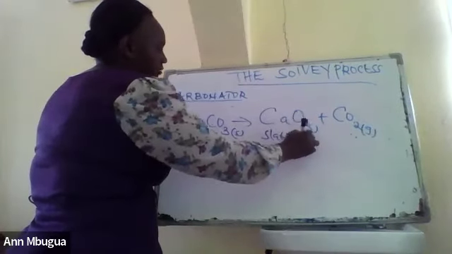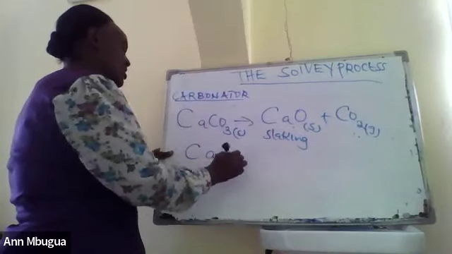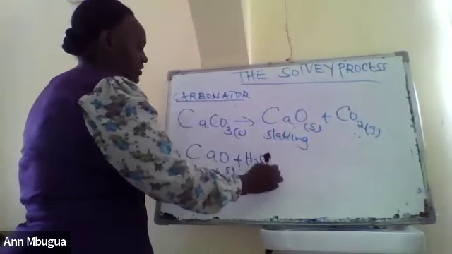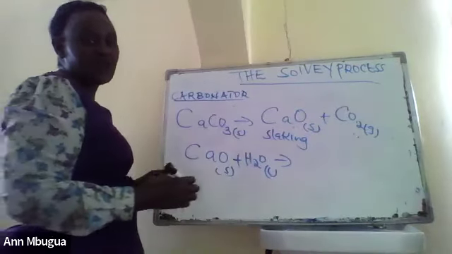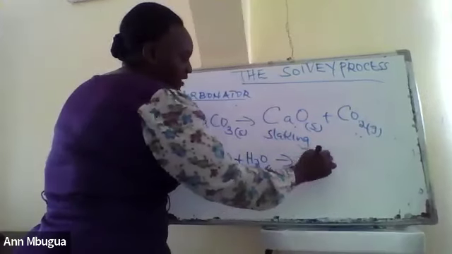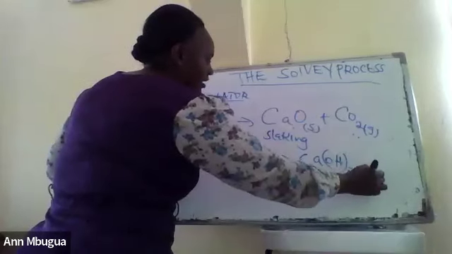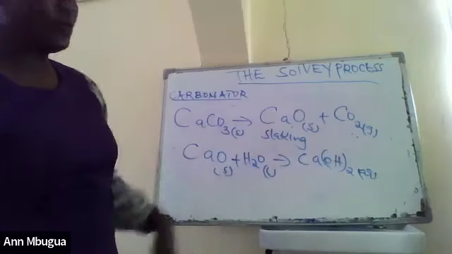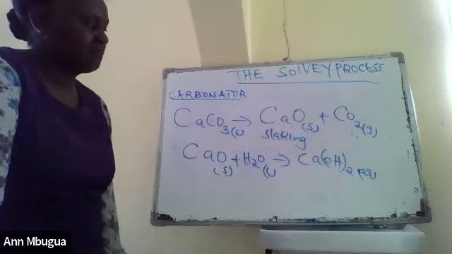And this leads to the formation of calcium hydroxide, which is referred to as the slaked lime. Hence, the whole process is referred to as slaking.